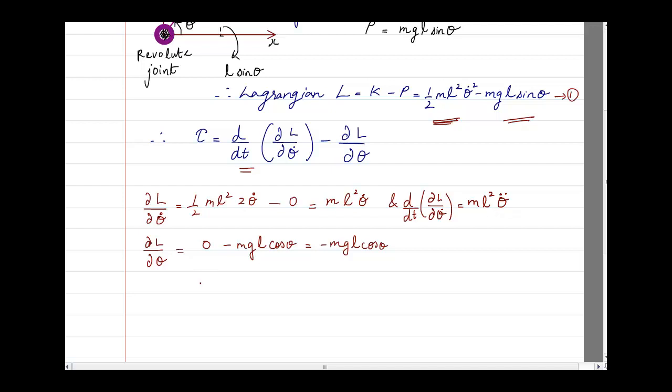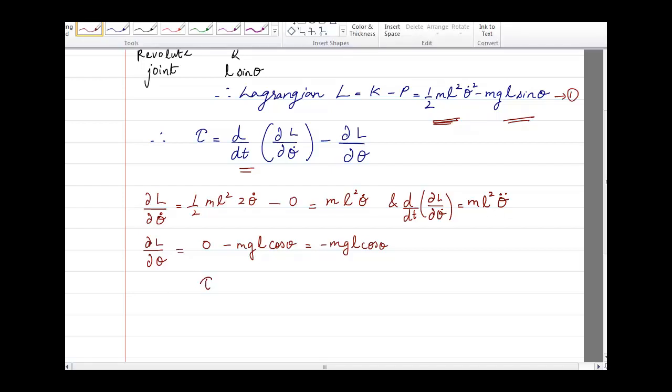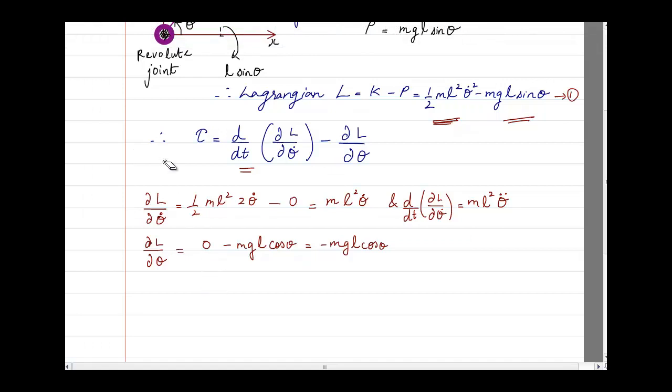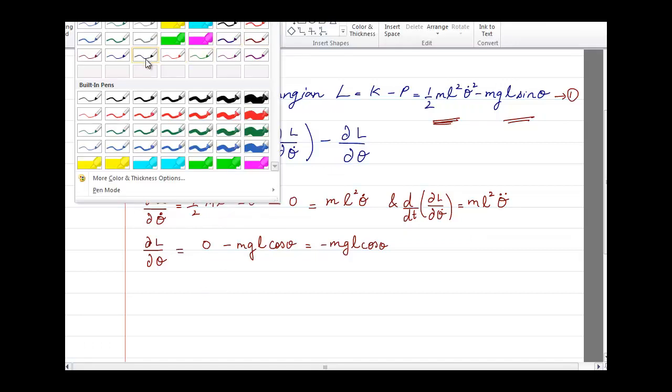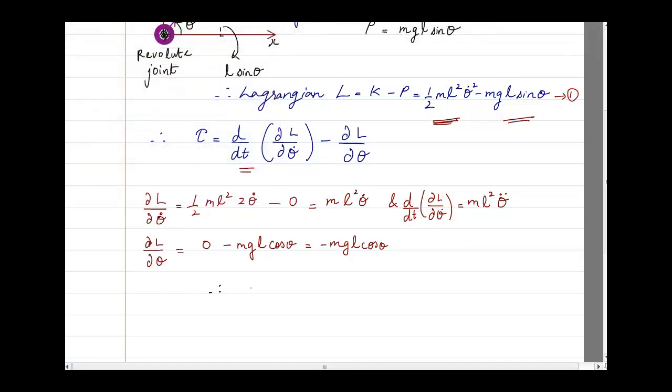So now I have this as the first term of the torque. So finally, from the Lagrangian we get, torque is equal to equation number 2 minus equation number 3. Correct?